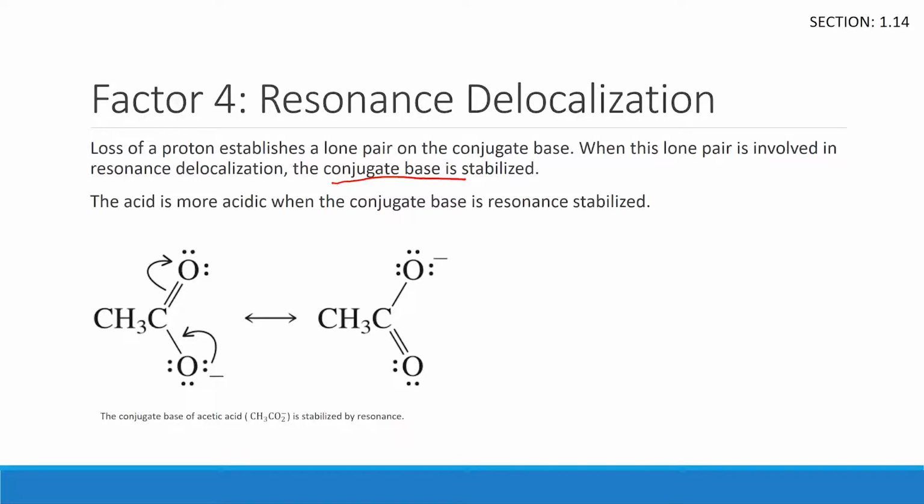An acid tends to be more acidic when its conjugate base has resonance stabilization. So if the form of the conjugate base is stable when you get rid of a proton, that molecule is more likely to donate its proton if its end product is stabilized by resonance.